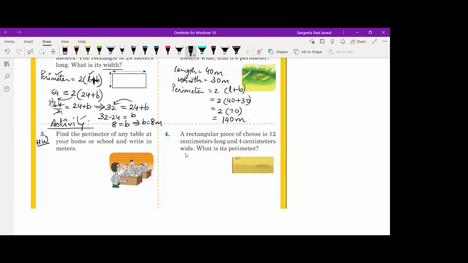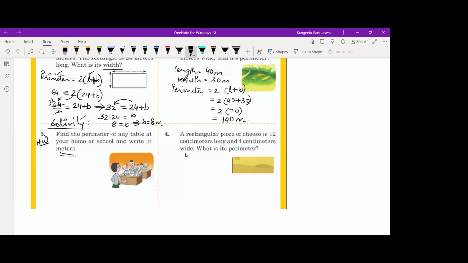Whether you measure with a scale in centimeters, you have to convert it to meters. Yes, Abhya? Ma'am, I only just did this homework. Okay, never mind. You can find out for more tables, the dining table and other things also. Good, Adya.